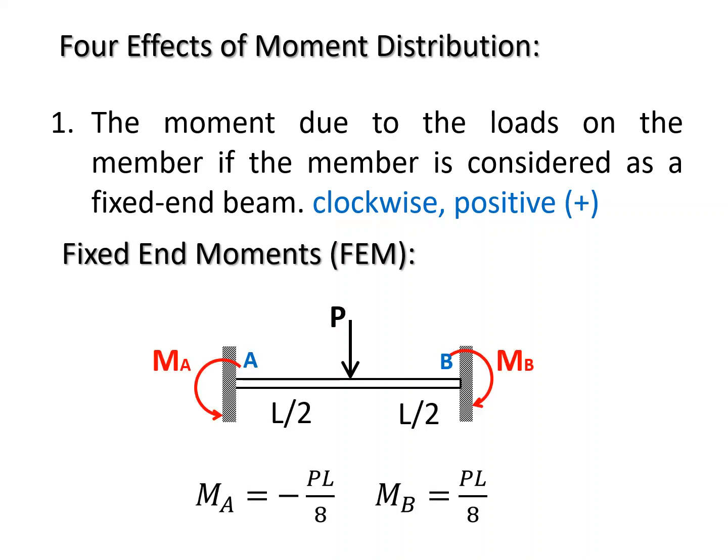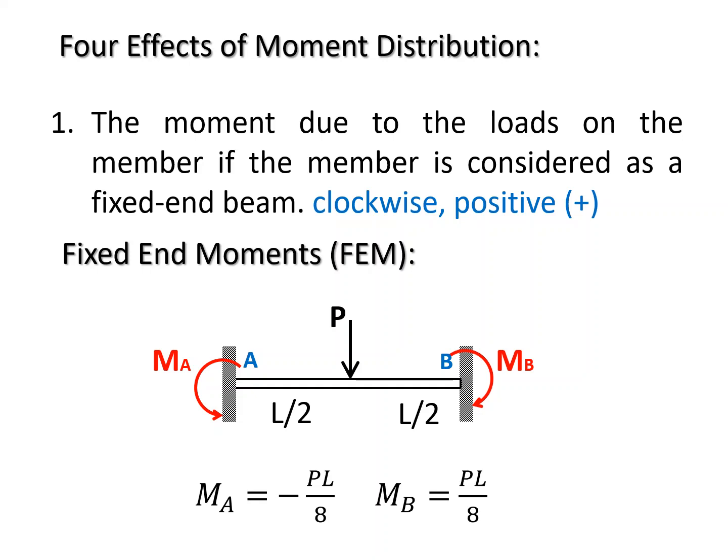So here are the samples of fixed end moments in every segment. From A to B, segment A to B, and the left side it's going to be a negative MA since that's a counterclockwise, and on the right side it's going to be positive since that's clockwise.